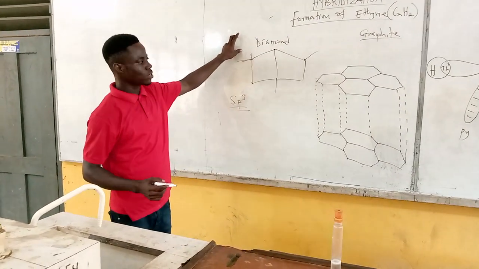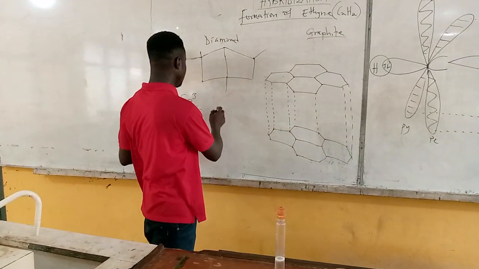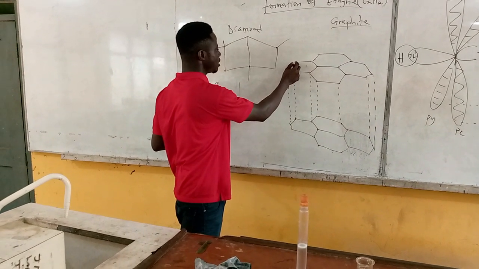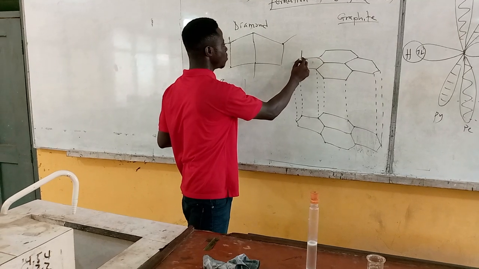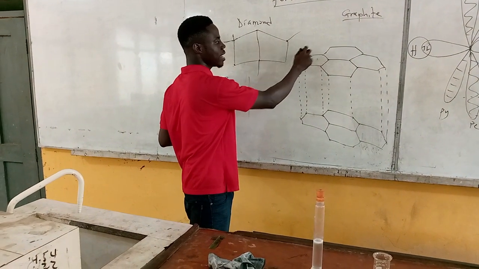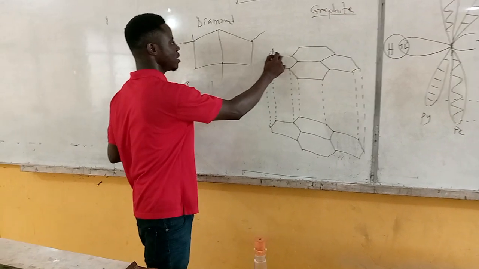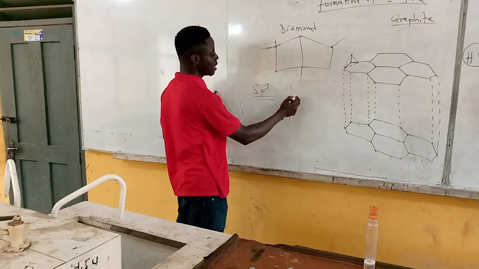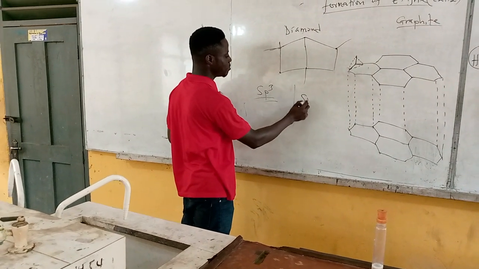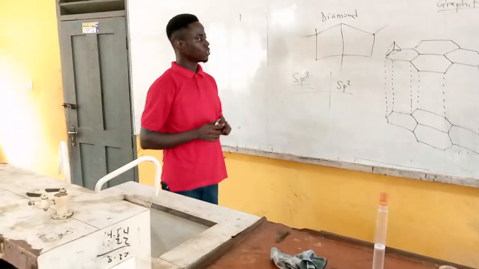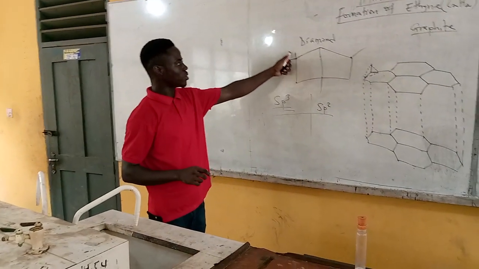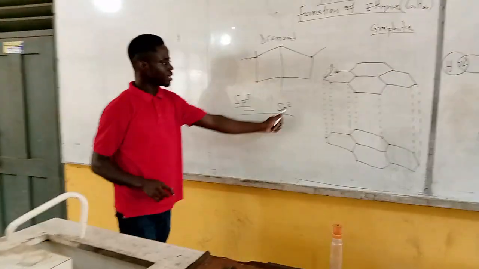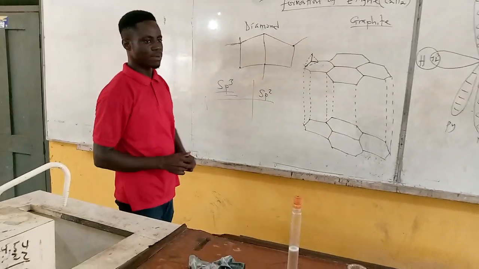But when it comes to graphite, look at this. This is 1, 2, 3. It looks like a triangle. So we call this trigonal, and the carbon there has sp2 hybridization. So this is a clear difference. The carbon in the diamond has sp3 hybridization. The carbon in graphite has sp2 hybridization.